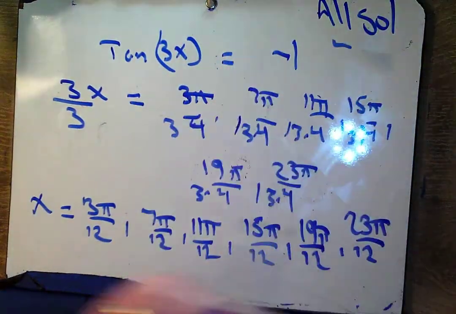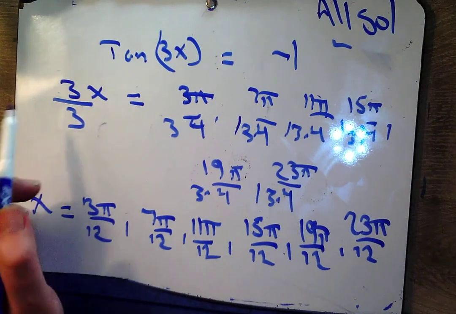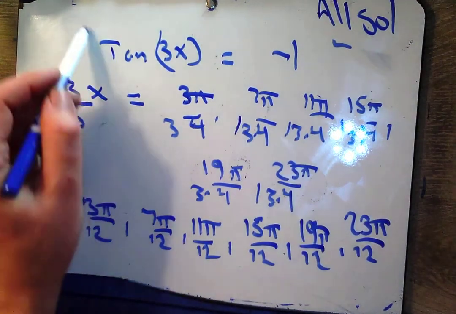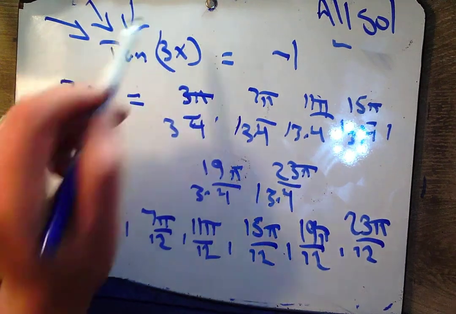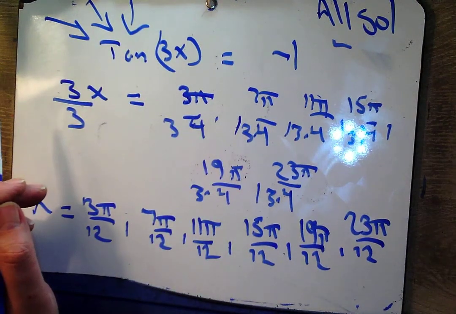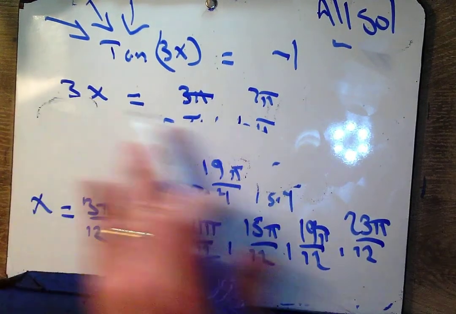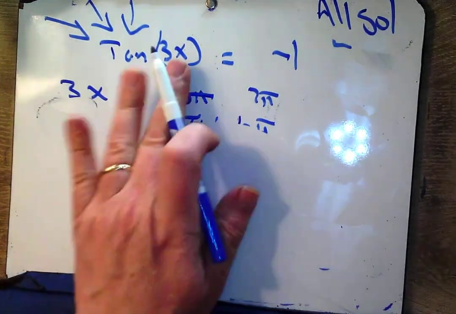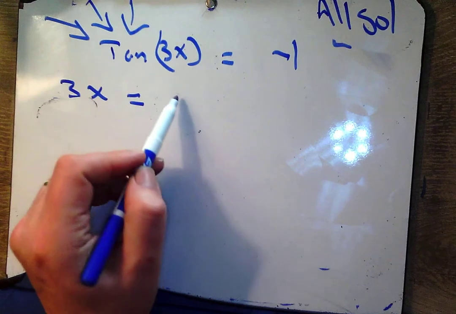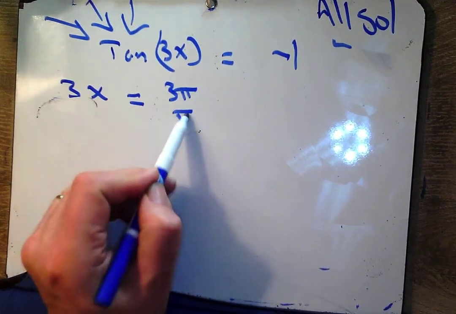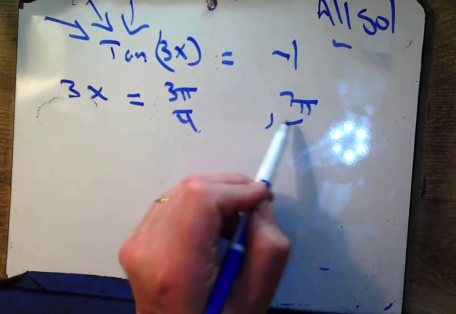Well, instead of slapping on plus 2 pi n, because the period of this function is not 2 pi, what I'm going to be doing here is slapping on plus pi n. The period for tangent is pi. So I got 3 pi over 4, I got 7 pi over 4.